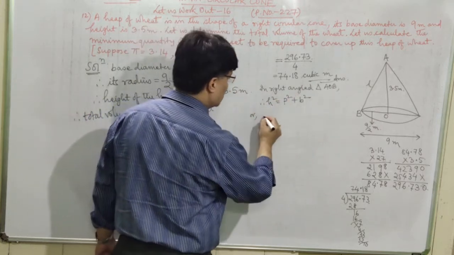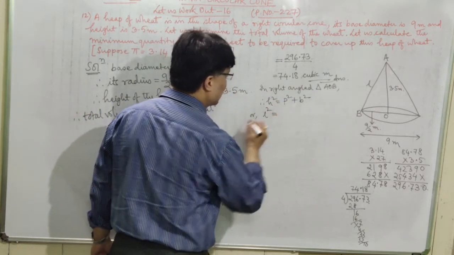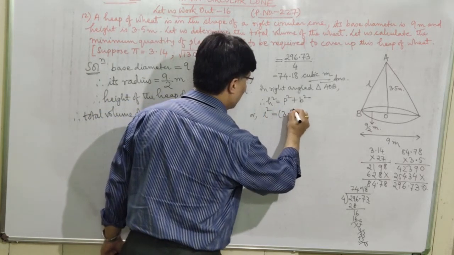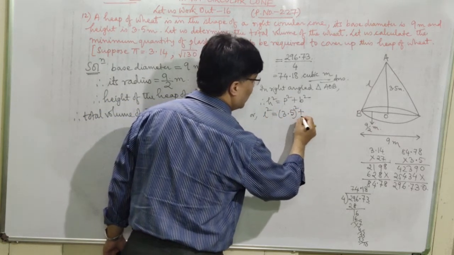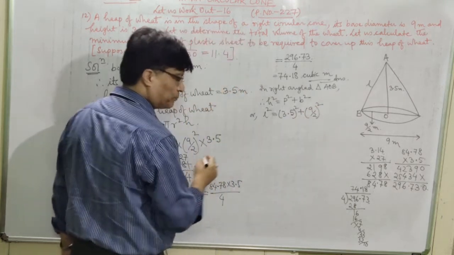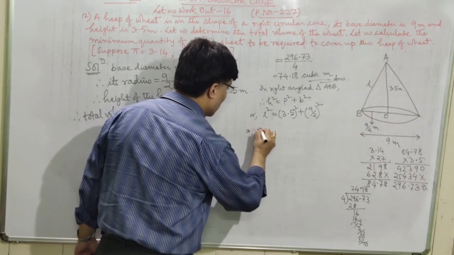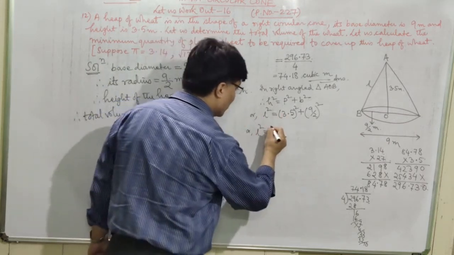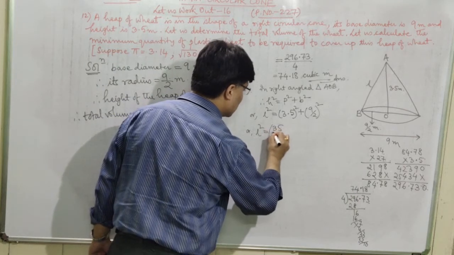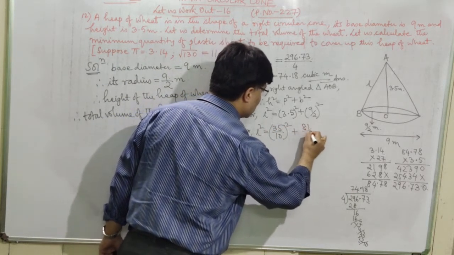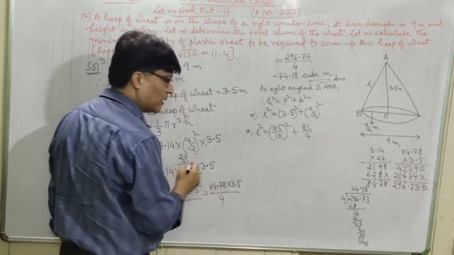So here the hypotenuse is the slant height L, so L square is equal to, what is P whole square? It is 3.5 whole square plus, what is base whole square? It is 9 by 2 whole square. Or L square is equal to 3.5, that means 35 by 10, isn't it? Let us write here 35 by 10 whole square plus 81 upon 4, right?